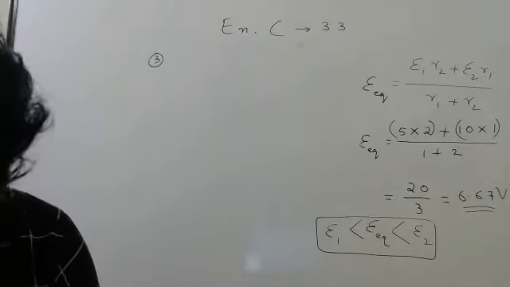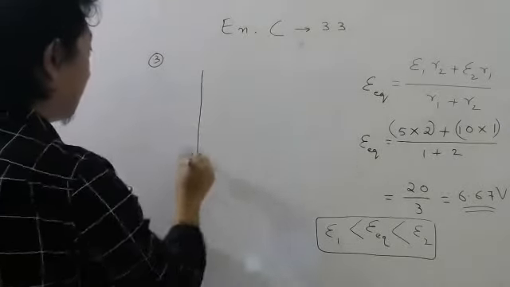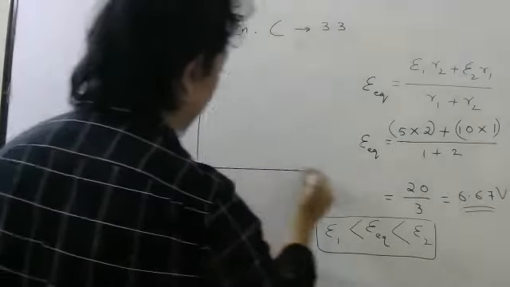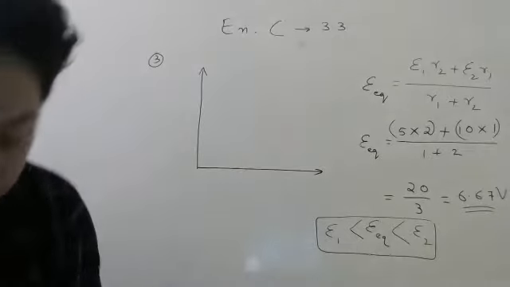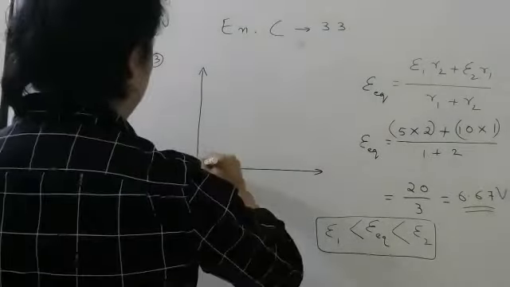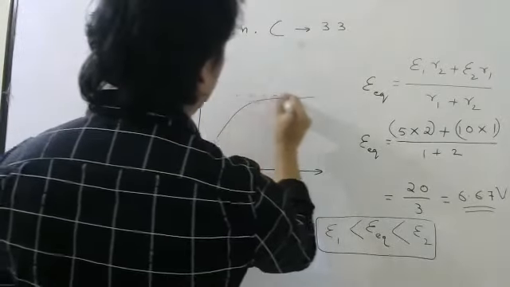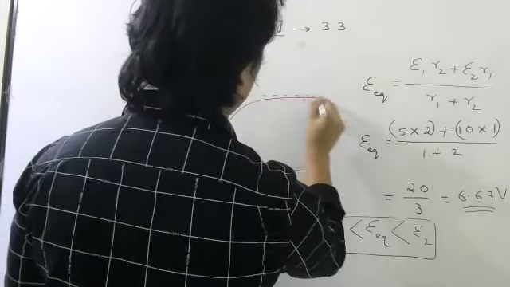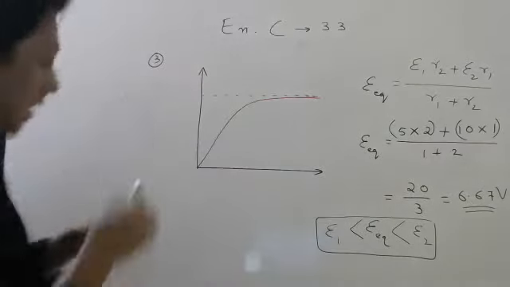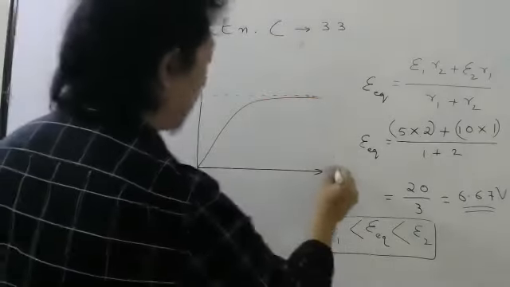So they have shown you a graph, y-axis, x-axis, and the graph looks something like this. So the question is, what should be here and what should be here?